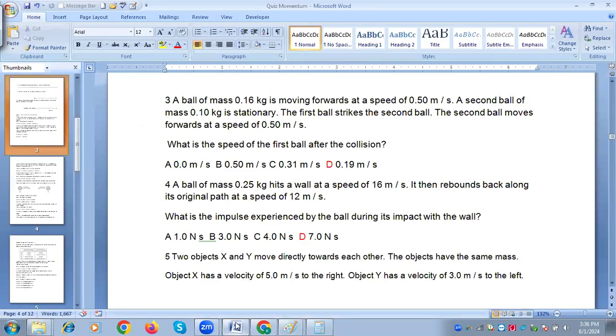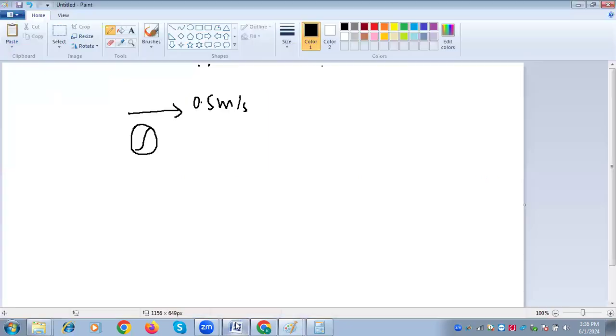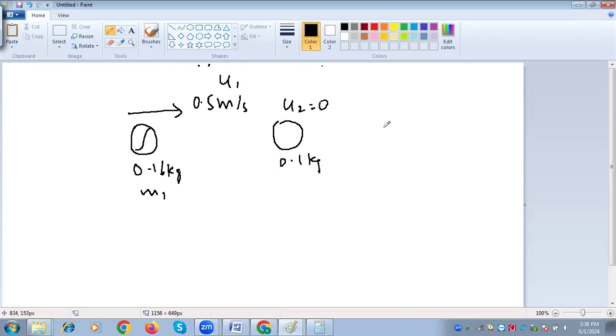This is M1 and this is your U1. This is the second ball and it has 0 velocity in the beginning. U2 is 0 and its mass is 0.1 kg. And after they collide, they don't get stuck. They move like two bodies, and the second ball moves off with a velocity of 0.5 meter per second.